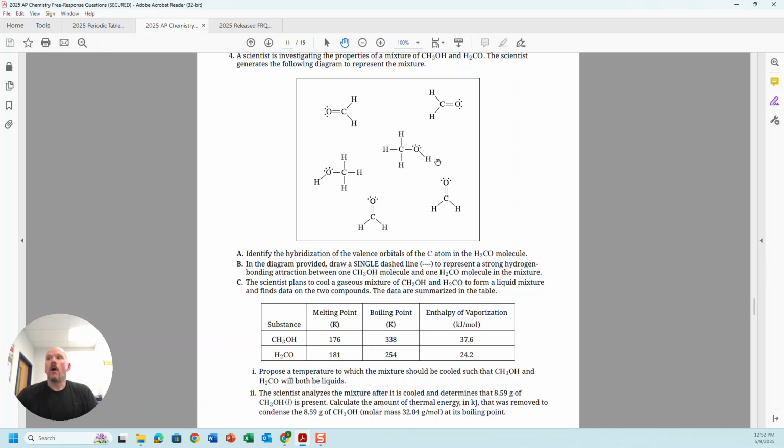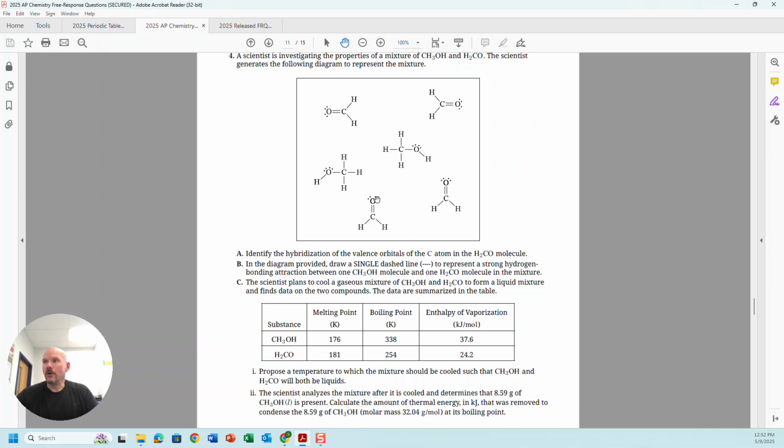The interaction has to be between opposite poles. The easiest one, the one they have lined up for us, is the negative dipole of formaldehyde interacting with the positive dipole of this OH bond. That would be a very strong interaction, a hydrogen bond. So that's where I drew it.